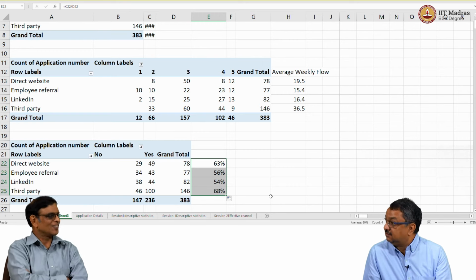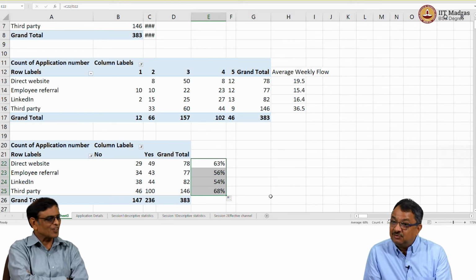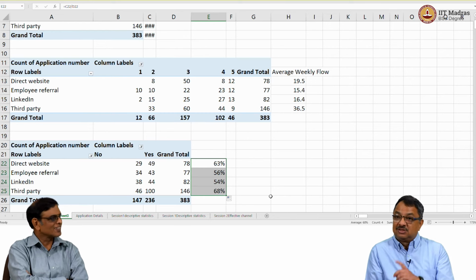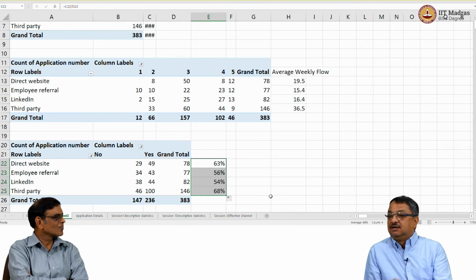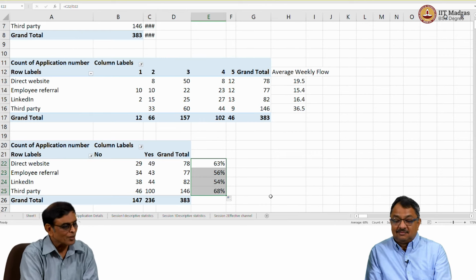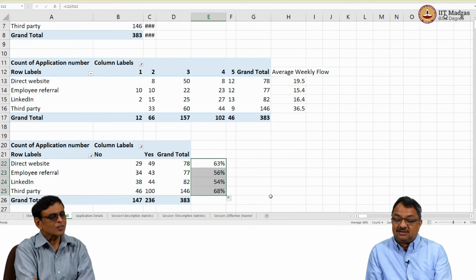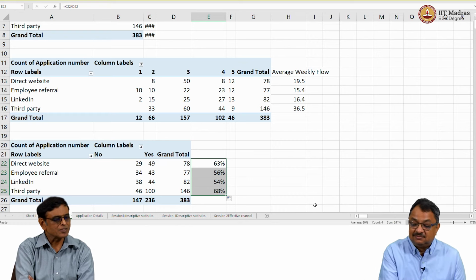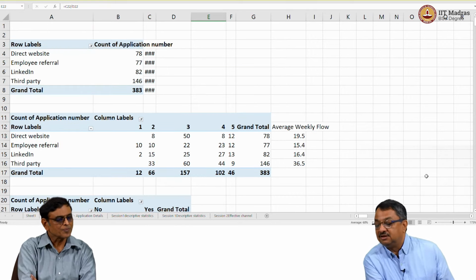Very non-intuitive, no? I would have thought employee referral would have got shortlisted the most. What is really happening, it looks like, is that the third party recruiters are doing some of your work for you, the shortlisting. Let me look at the selected.